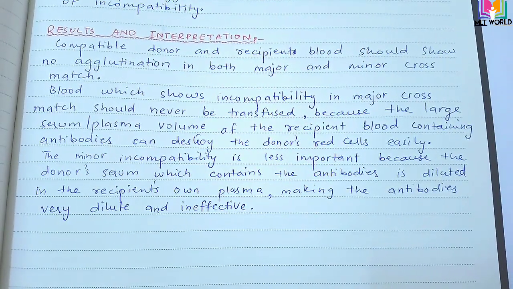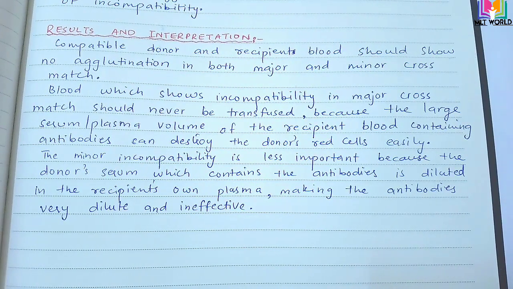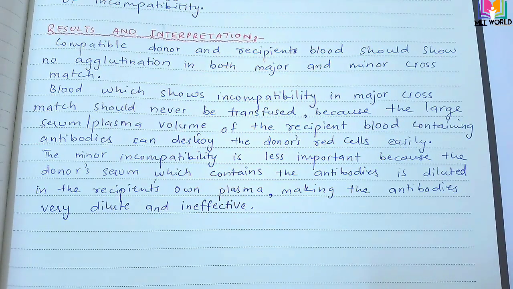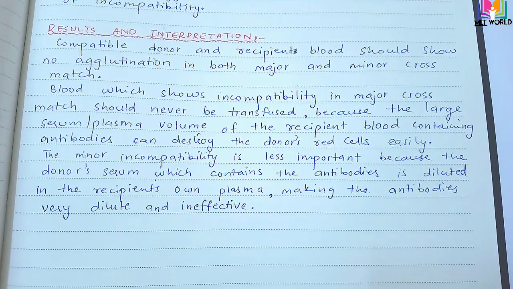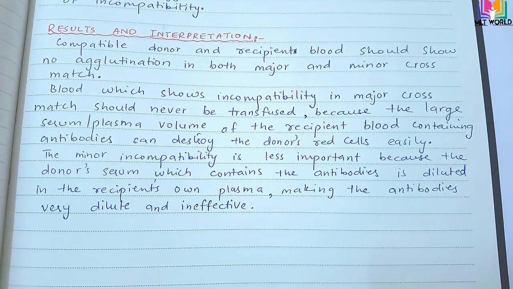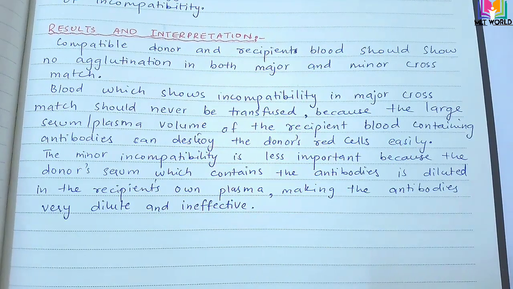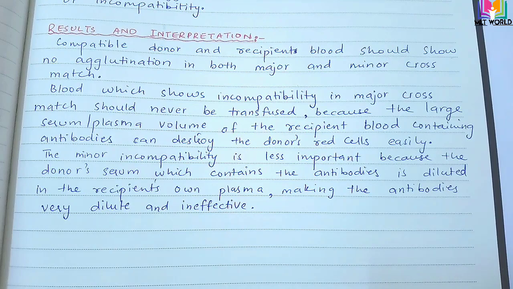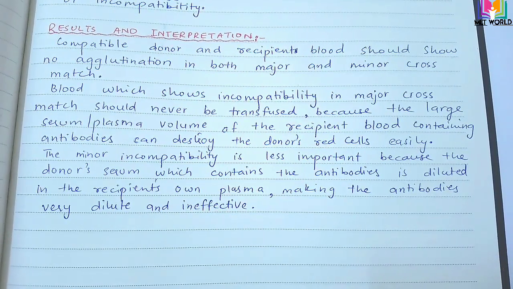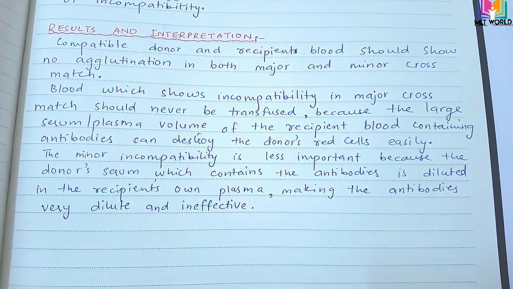So when there is a large volume of serum, it contains more antibodies. So when the blood is incompatible, meaning when the donor red cell contains antigens that are incompatible, the antibodies present in the serum can quickly hemolyze them because they are more in volume.